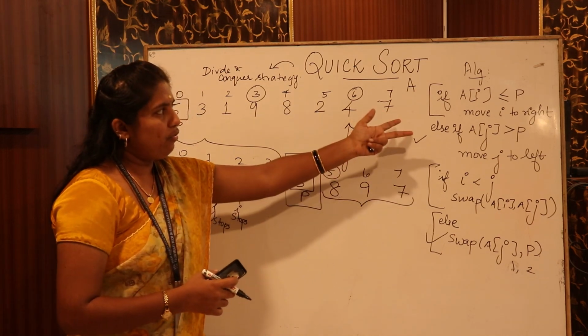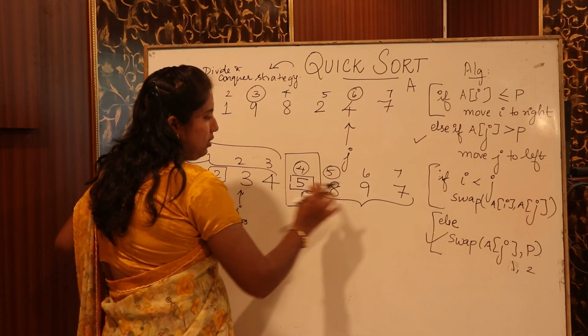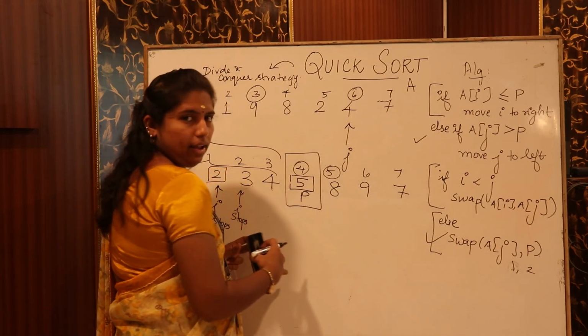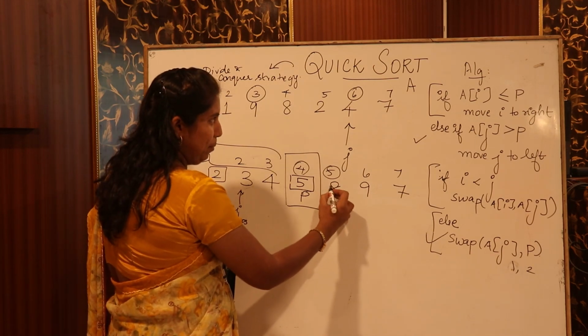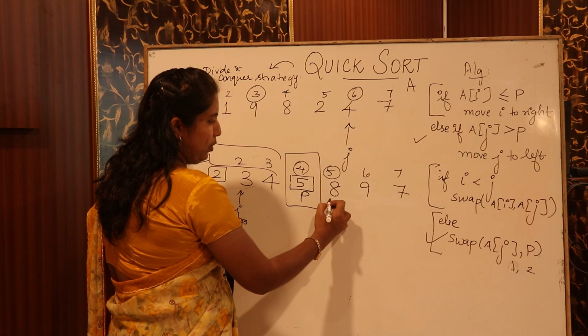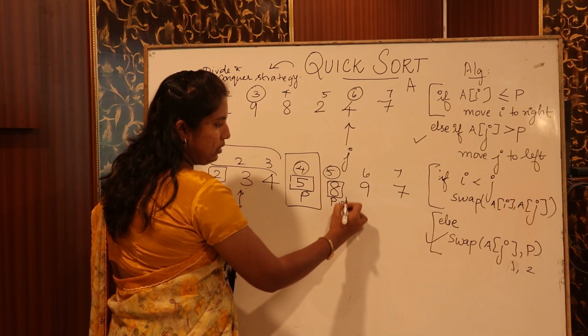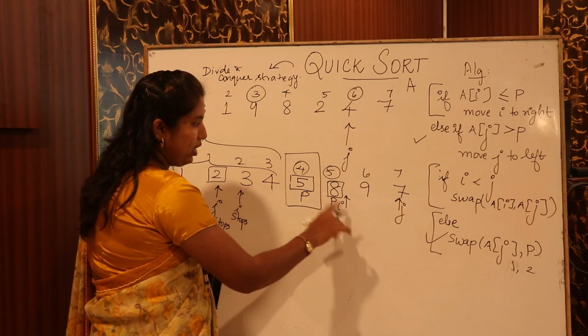Which will be following the same algorithm again, whereby we are going to consider this 8, 9 and 7. So what happens here is that I am going to consider this one as my pivot element, and I am going to place this ith value here, j pointer over here, and I will be checking the condition.